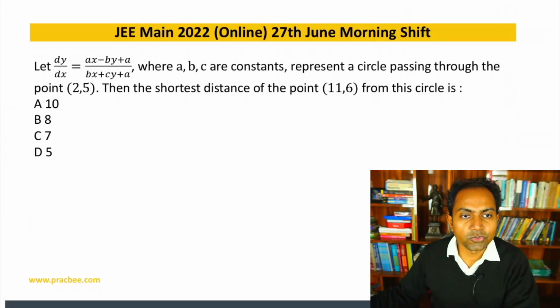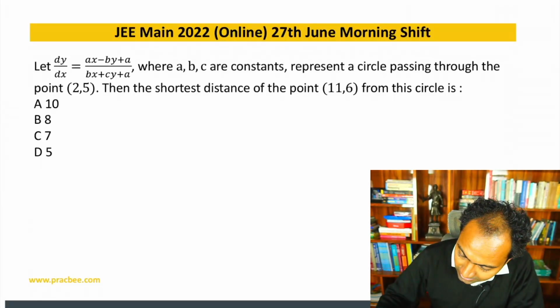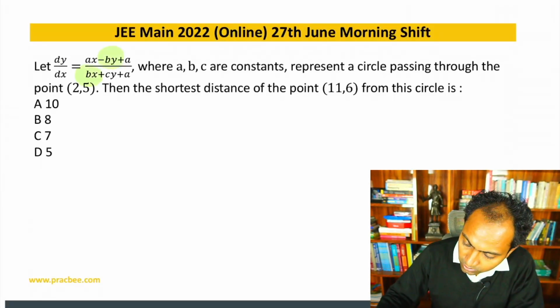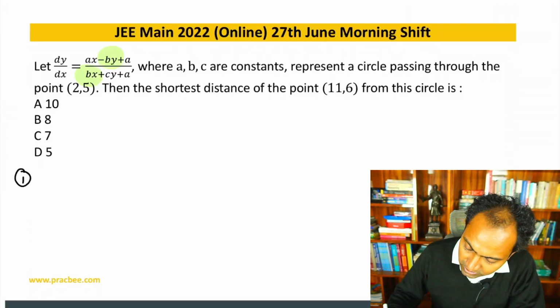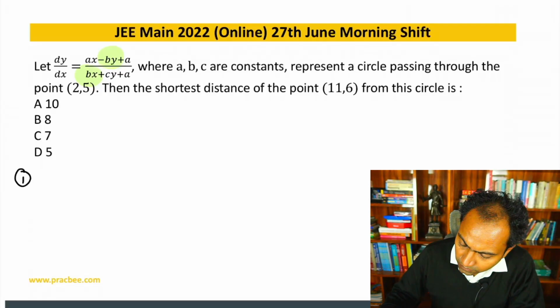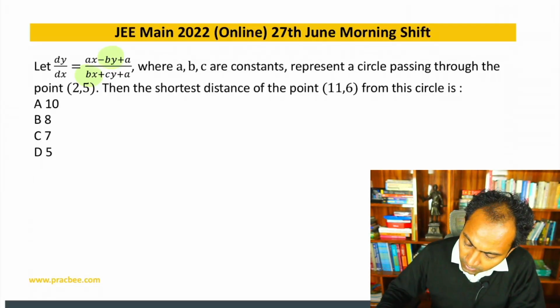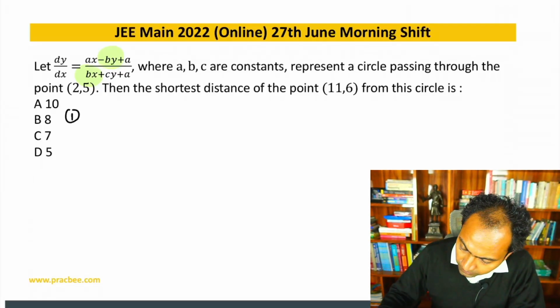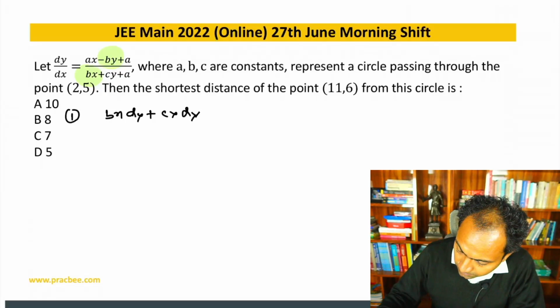If I talk about this 2022 question, you can clearly see the same combo getting generated here. And these are the two important things that we need to notice. Now, as a result, if I simplify, let us see what will happen. If I cross multiply this, what we will have is bx dy, cy dy, and a dy.